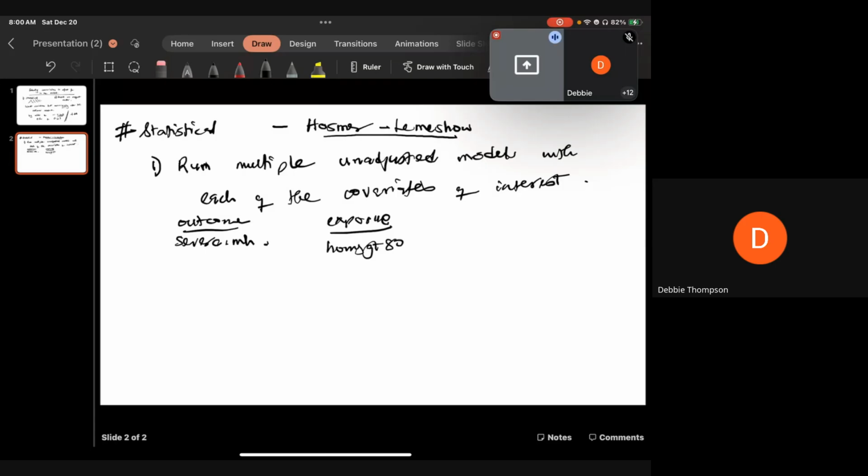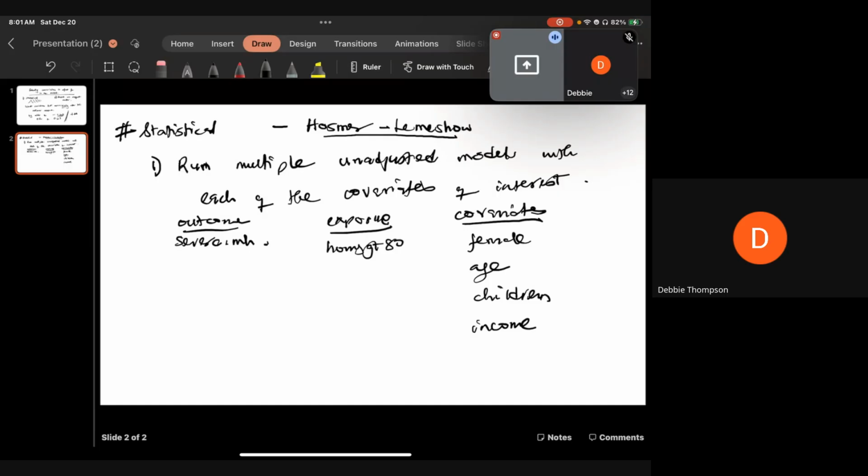And the covariates of interest that you're exploring, you've collected data on these covariates. You have female, age, number of children, income, and you have multiple. Let's say you have maybe 7 or 8.